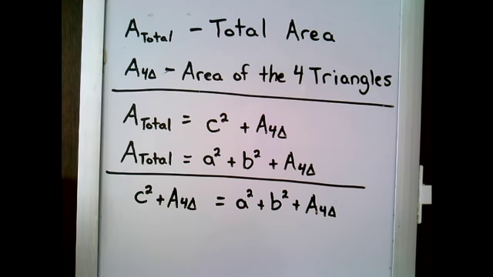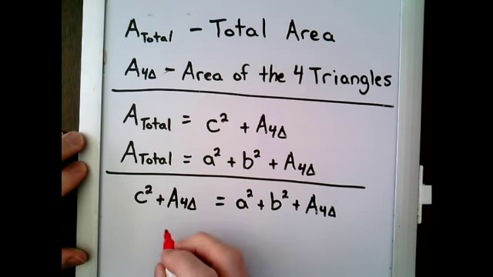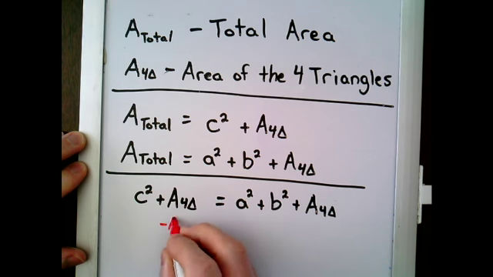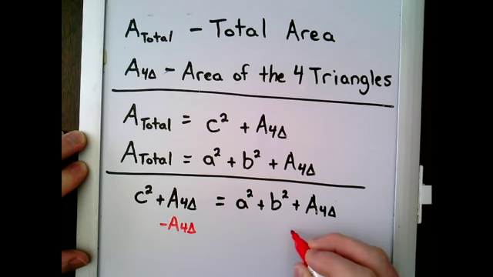Okay, now what we're going to do is look at these two sides and see what we can get rid of. Well, the area of the four triangles is on both sides, so we can subtract. As long as we do the same thing to both sides, we are allowed to subtract numbers.